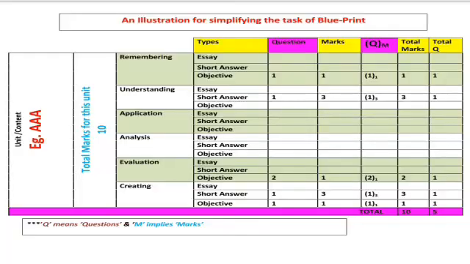In this case, one question has been provided for the objective type in case of remembering, one question of 1 mark. Within the bracket, Q is the question, which I have simplified, and M means the marks. So one question of 1 mark. Is that clear?